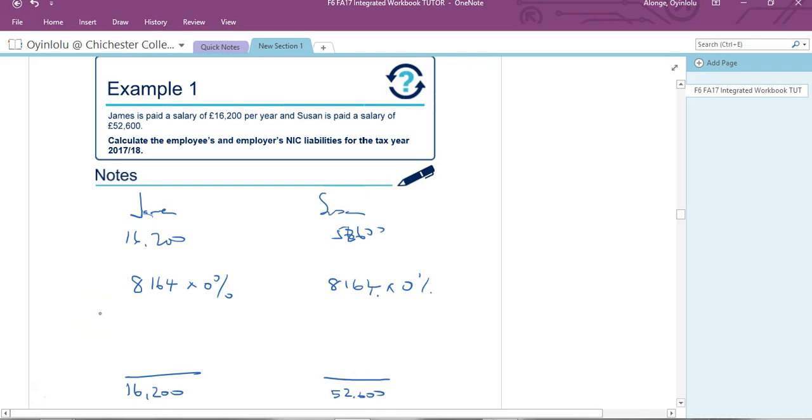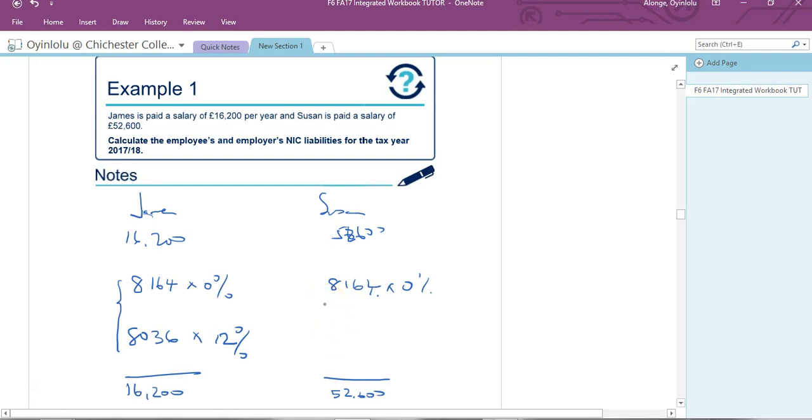So the next question I have to ask myself is 16,200 minus 8,164. And that gives us 8,036. So 8,036 taxed at 12%. So that's those two things adding together. And of course, here the next boundary is 45,000.